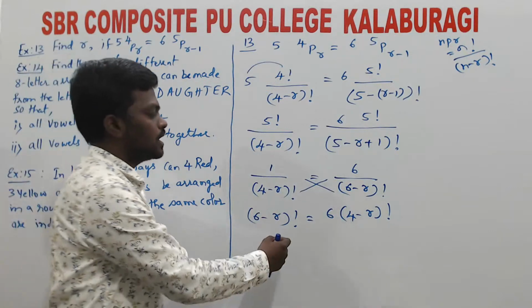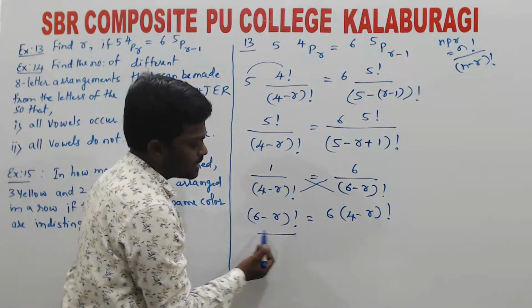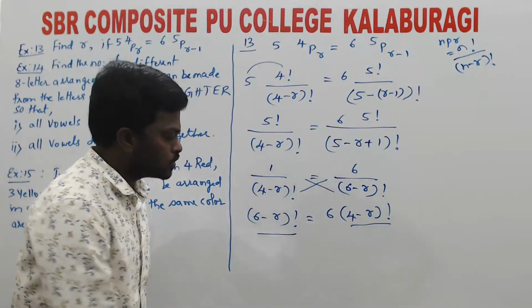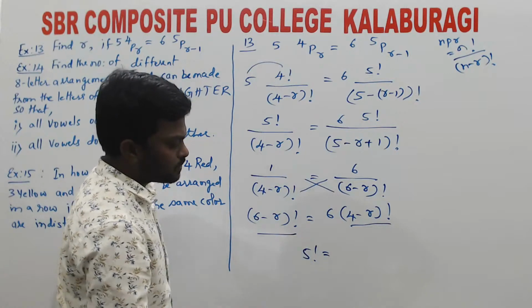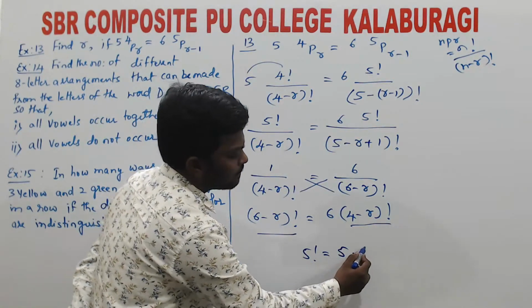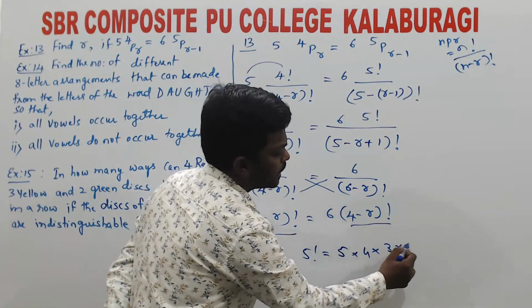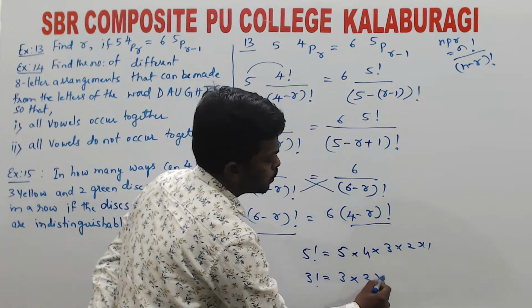Right, students? Now using the definition of factorial notation, we shall simplify these terms. I'll keep reminding you, because here students forget it. What is 5 factorial? 5 factorial is nothing but 5, 4, 3, 2, 1. And 3 factorial is nothing but 3 into 2 into 1.